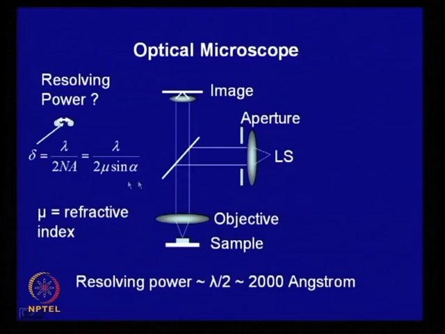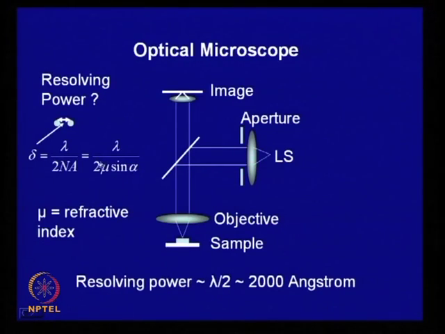Basically, the numerical aperture is a function of the refractive index of the medium here, which in most cases is air, and it is also a function of this particular angle. Now, the maximum angle can be 90 degrees. In that case, this objective will virtually be touching the eyepiece. So, this is the limit.